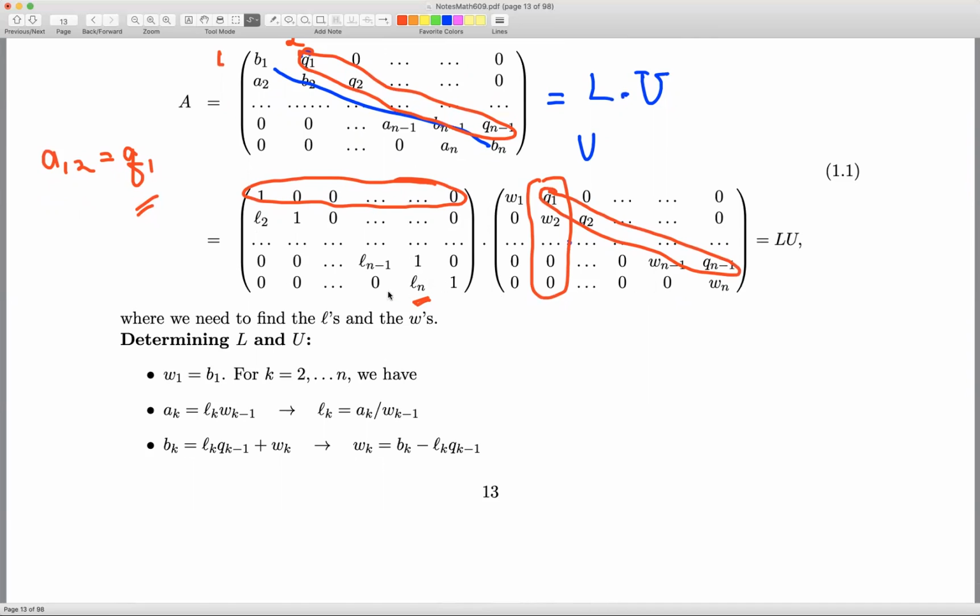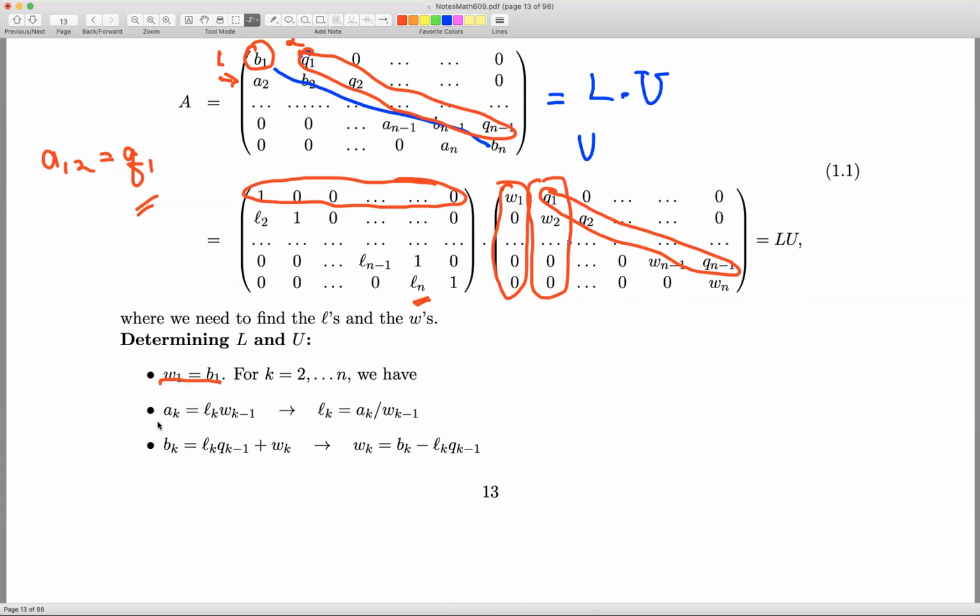And how can we do that? Well, B1 is the element in position 1, 1, and therefore it's the product of the first row with the first column, which gives us that W1 is equal to B1. And then we continue with the next element, second row and first column.